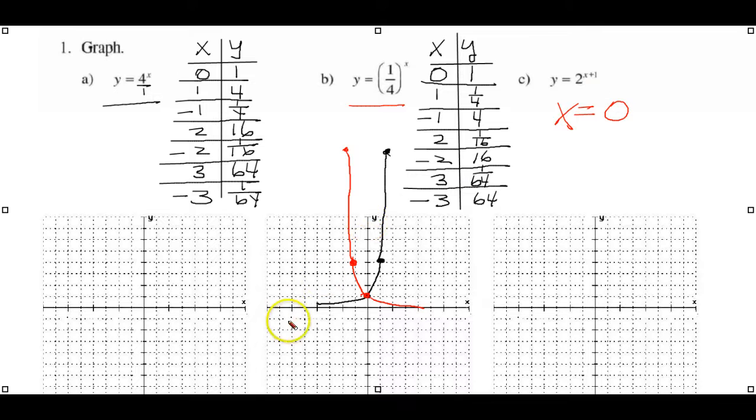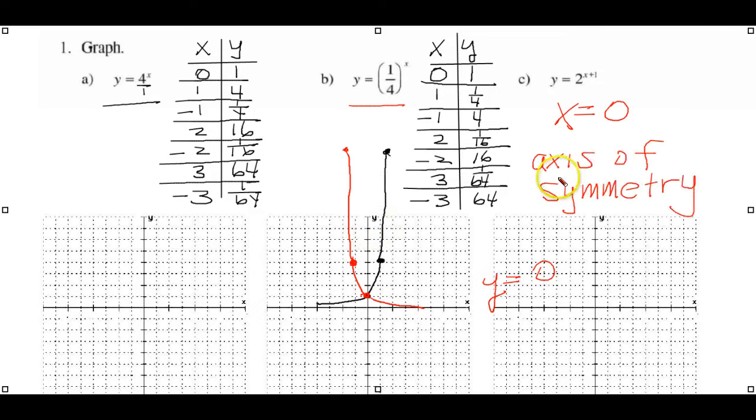So our horizontal asymptote is still the x-axis, which is y equals 0 for both of them. And the axis of symmetry, I see in my other, I didn't have room and I left out one of the m's, is the y-axis, but the formula for the y-axis is x equals 0, which is a vertical line going through 0 on your x-axis.